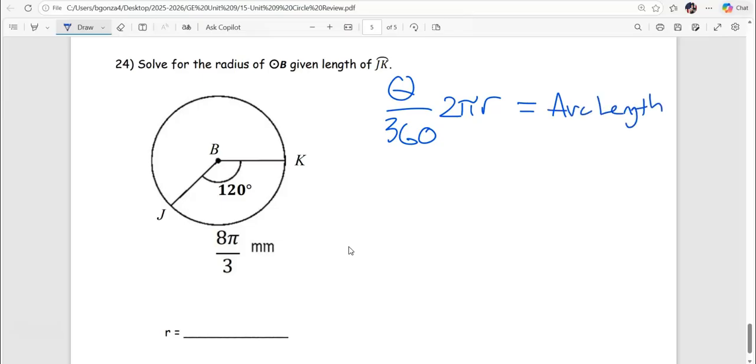So we know theta is 120, so 120 over 360 2 pi r equals the arc length measured in millimeters, so it's going to be 8 pi over 3.